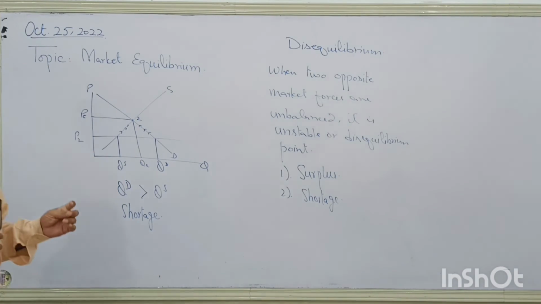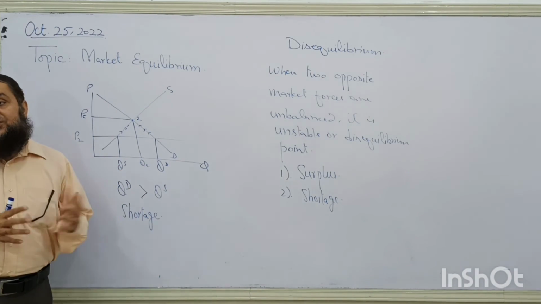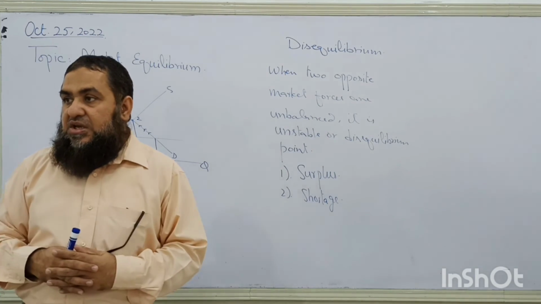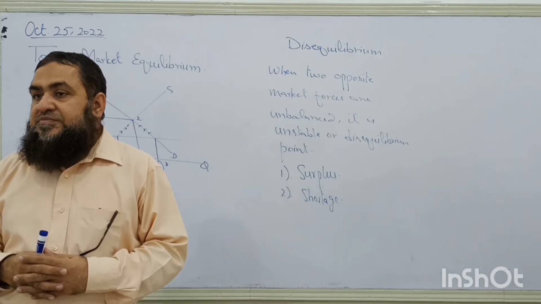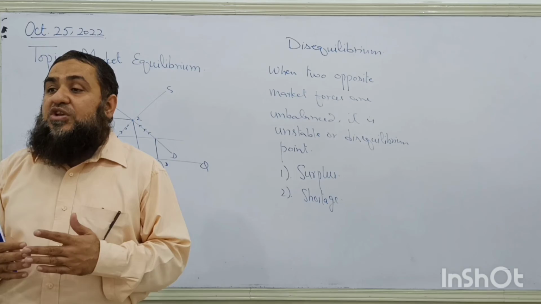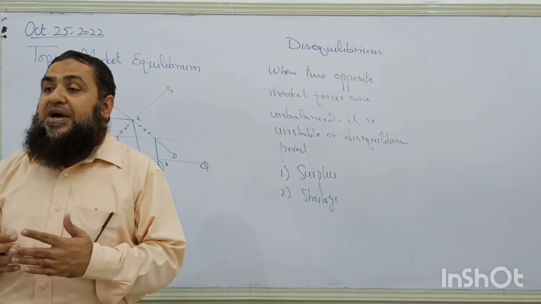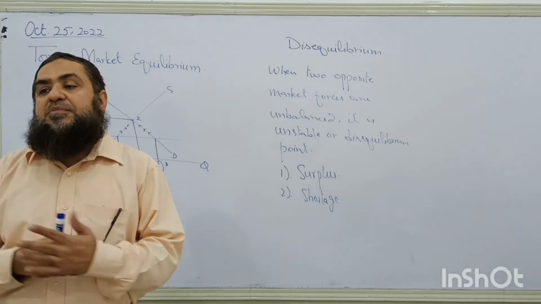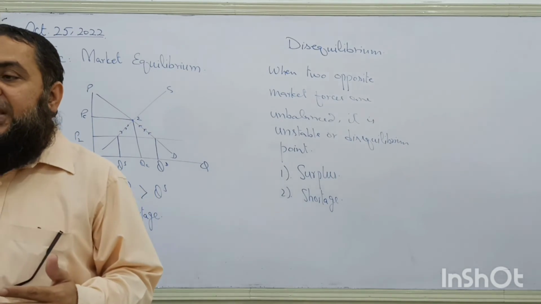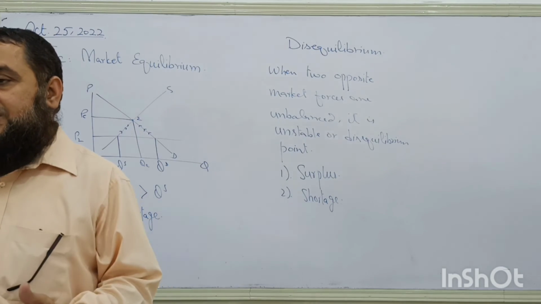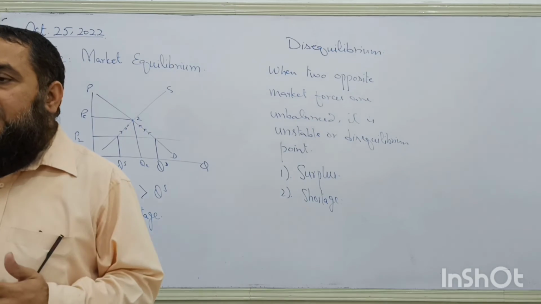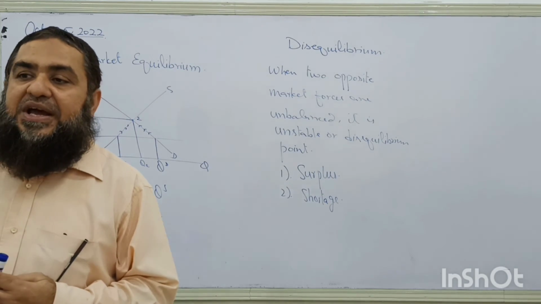The two market forces will be unbalanced. And when they are unbalanced, what happens? There will be a disequilibrium, and that disequilibrium will cause the market price to move towards equilibrium. In case of surplus, the market price will be pulled downward. When prices are pulled downward, at equilibrium we don't find any surplus.